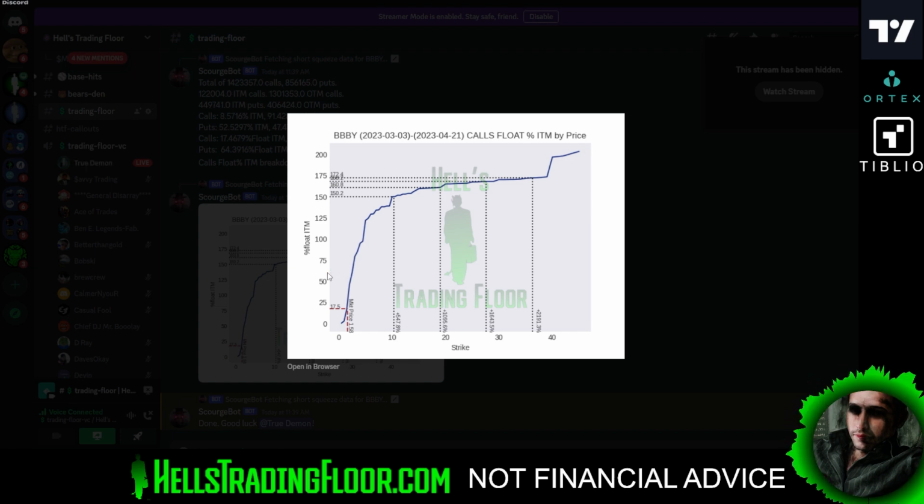The reason why we focus on the float that is in the money is because this is directly related to supply and demand. When we talk about gamma squeezes and big gamma ramps, the float is very important because it directly affects the ability of market makers and institutions to pull shares out of the market in order to fulfill their obligations to these call contracts.